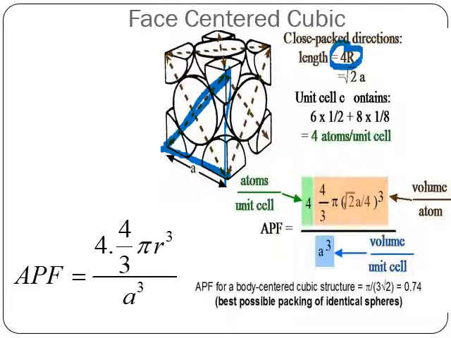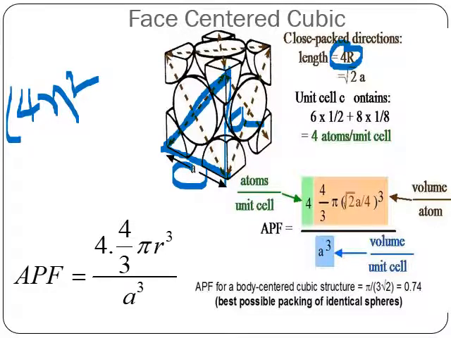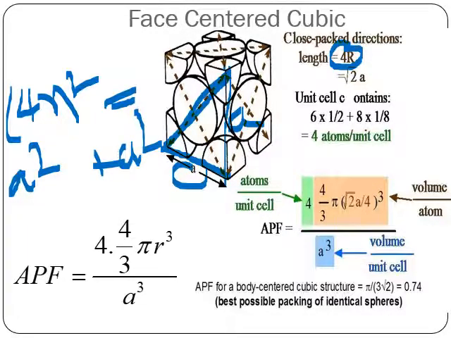So 4r is the hypotenuse, and the two sides are each a. If you apply the Pythagoras theorem, 4r whole square will be equal to a square plus a square, which is 2a square.